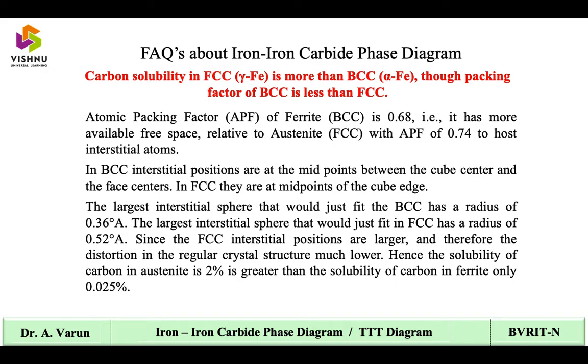If you see the same thing in FCC, the largest sphere that could fit is 0.52. Even though the distortion is there in FCC as well, the distortion in FCC is comparatively much less.